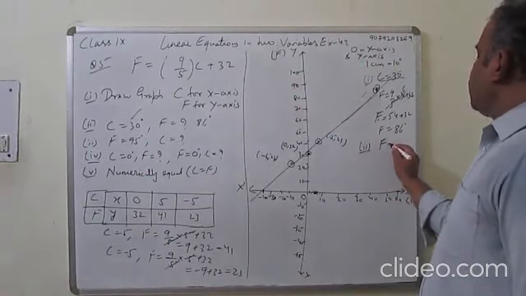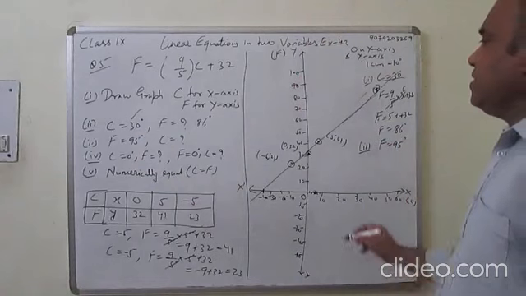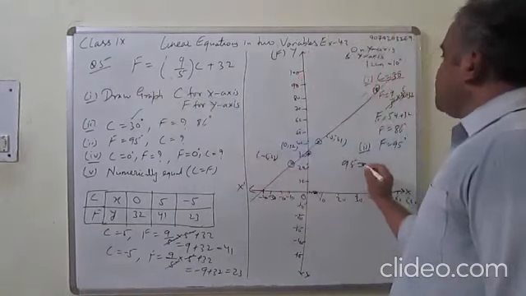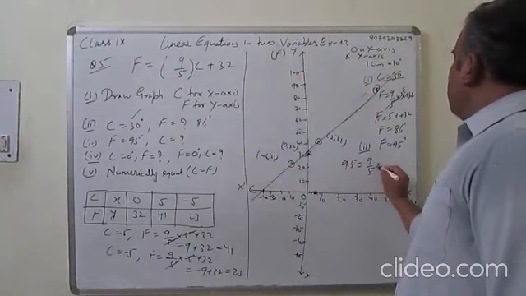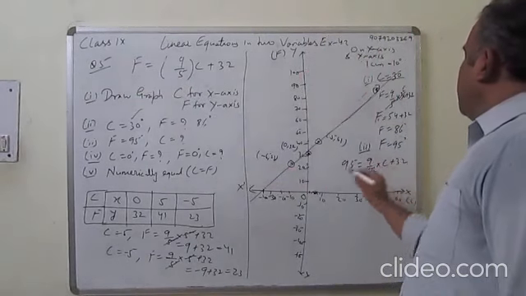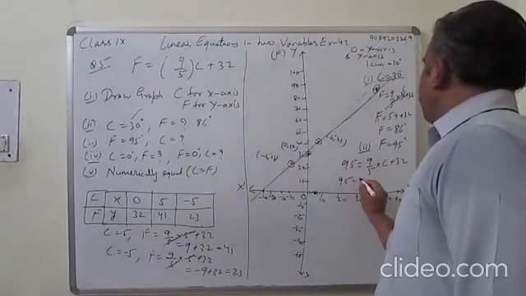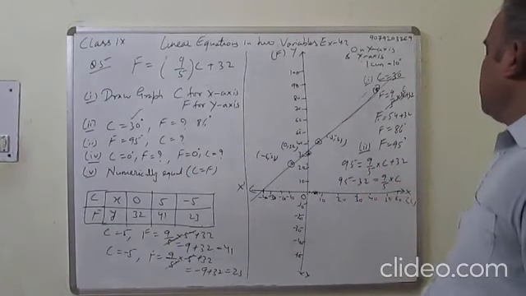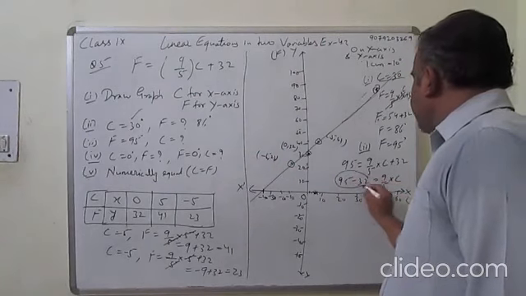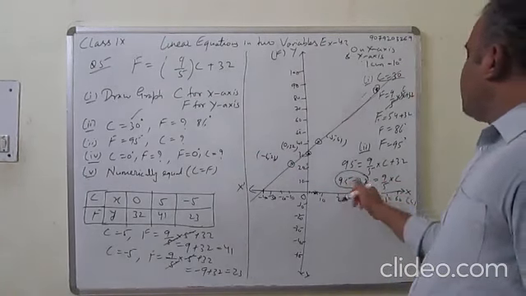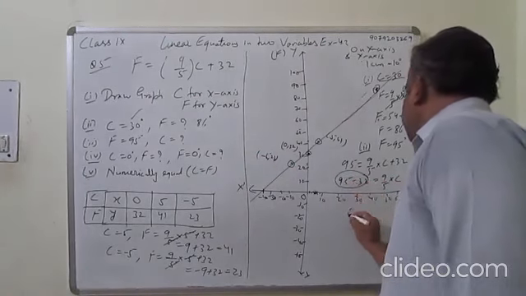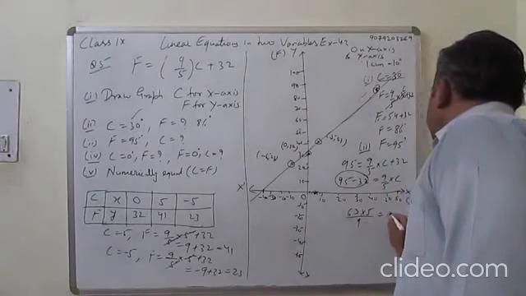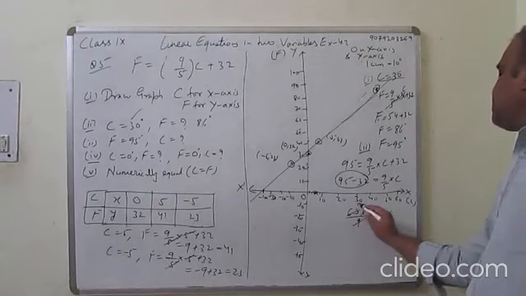If Fahrenheit is given to you 95, then putting the value here, 95 is equal to 9 by 5 into C plus 32. Take 32 there. 95 minus 32 is 63, equals 9 by 5 into C. 63 into 5 क्रॉस मल्टीप्लाई कर दीजिए अपॉन 9 is equal to C. 9 7s are 63.